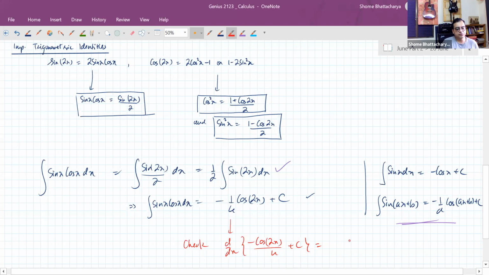And you can see it does give you, because differentiation of cos is minus sine, but you'll have to again use chain rule because it's cos of 2x. So you can see you get sine 2x by 2, which is basically sin x cos x.